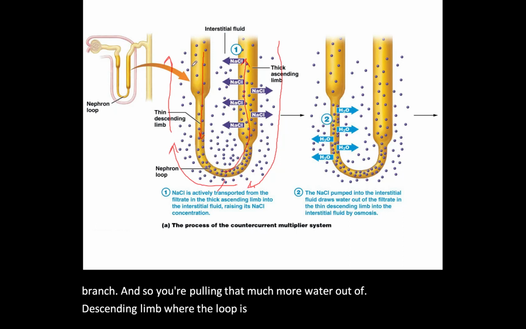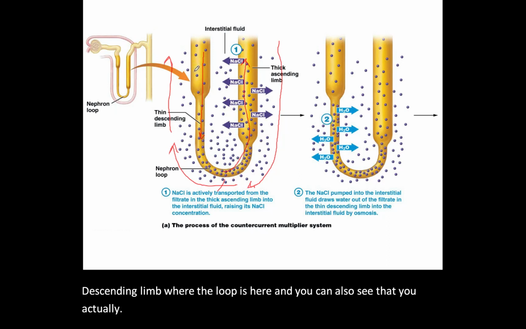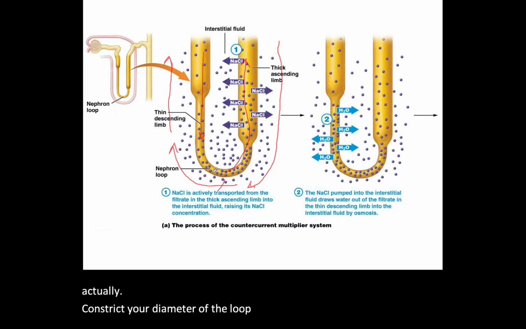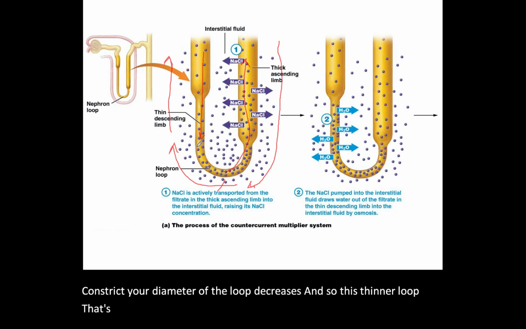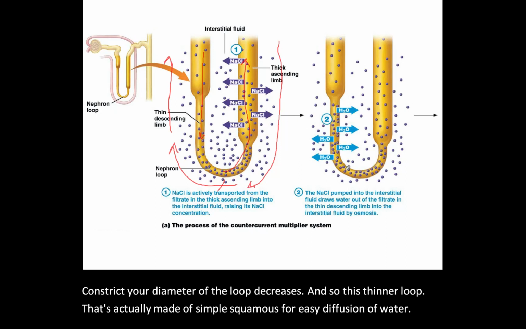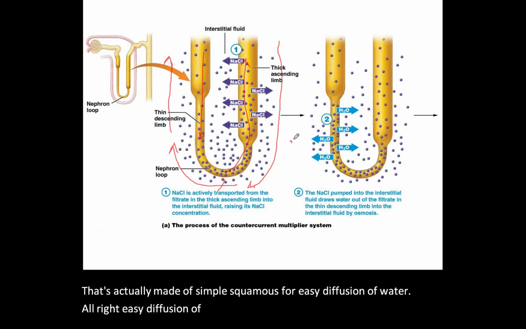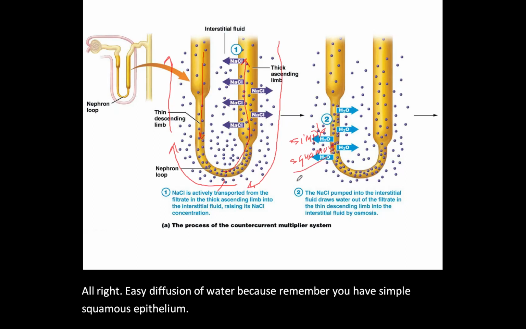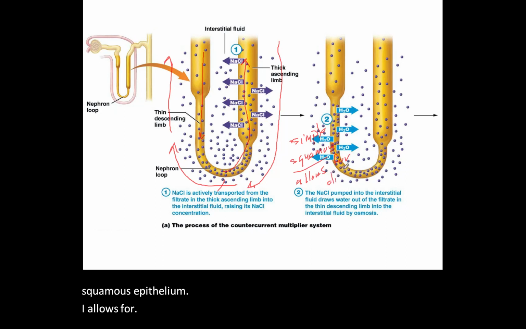And you can also see that the diameter of the loop decreases, and this thinner loop is made of simple squamous epithelium, which allows for easy diffusion of water.